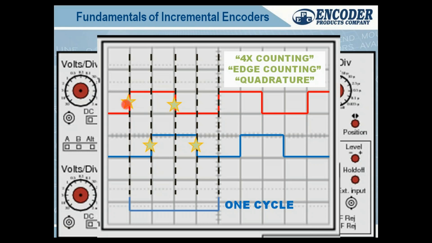All the 2x is doing is it counts the rising and falling of A, which gives you 180 degrees apart, and you can double your number, or it'll count all these. If I had 1,000 pulses per revolution, I now have 4,000 unique points in a revolution. So it's a way to take an encoder and multiply its resolution by 4, get 4 times the number of points. Why is that an advantage?